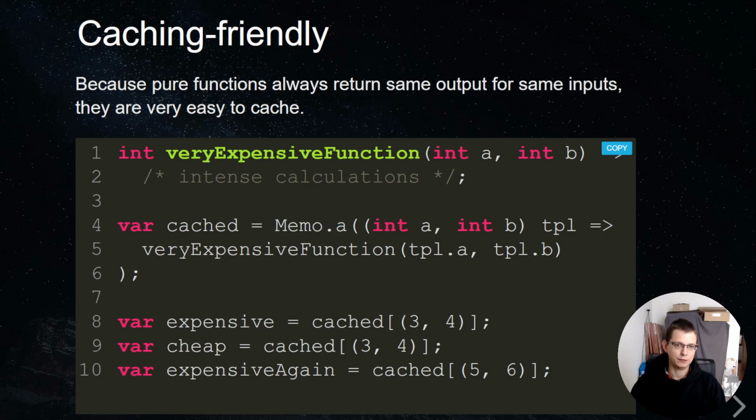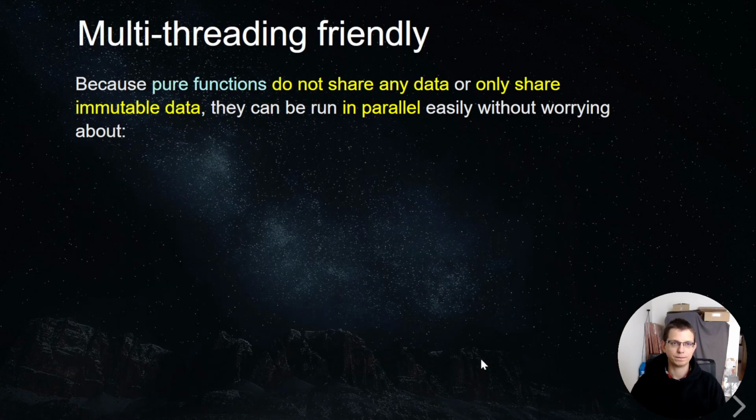On the first invocation it will do the computation, but on the second invocation we already have the result, and because we know that for the same arguments we will get the same results, we don't need to invoke this expensive function anymore. We can just get it from the cache and return it. And of course, different arguments will result in calling the function again.